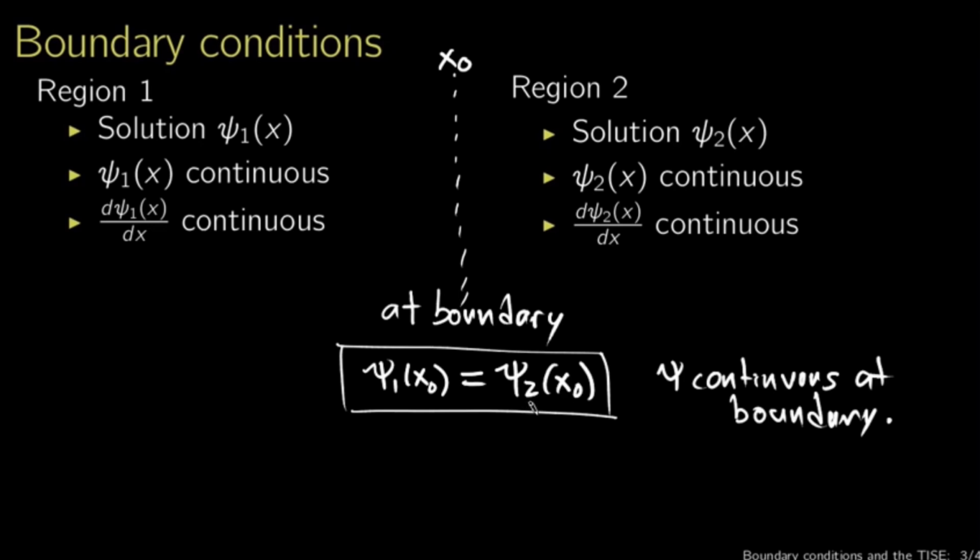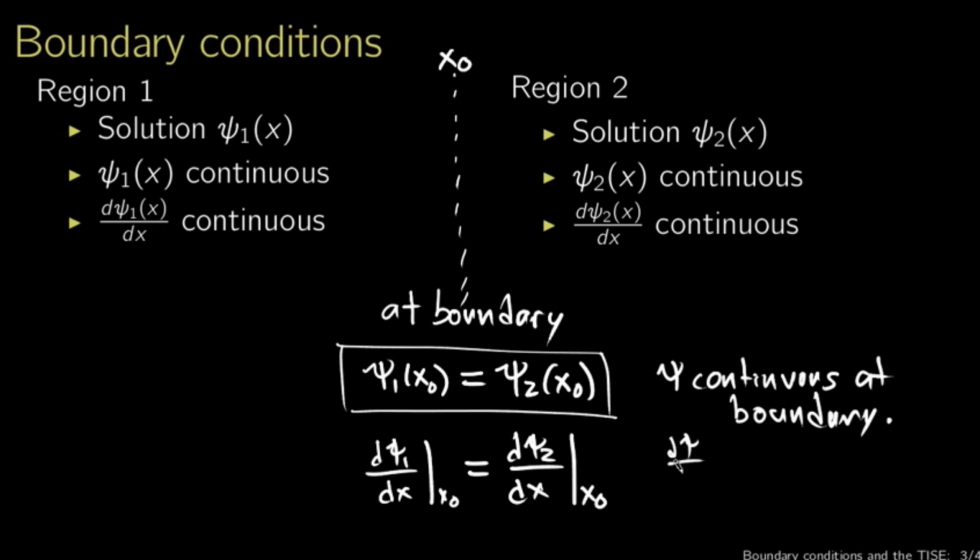The second boundary condition, the second consideration we had in terms of allowed behavior of psi, concerned the first derivative. So unless we have V of x go to infinity at x0, d psi 1 dx evaluated at x0 must be equal to d psi 2 dx evaluated at x0.